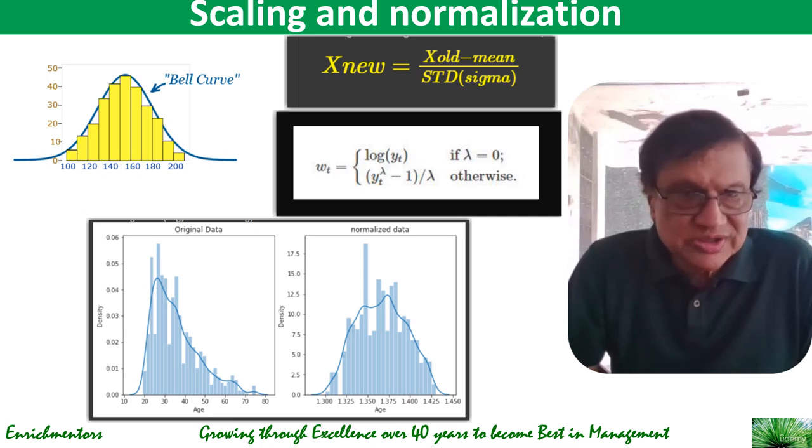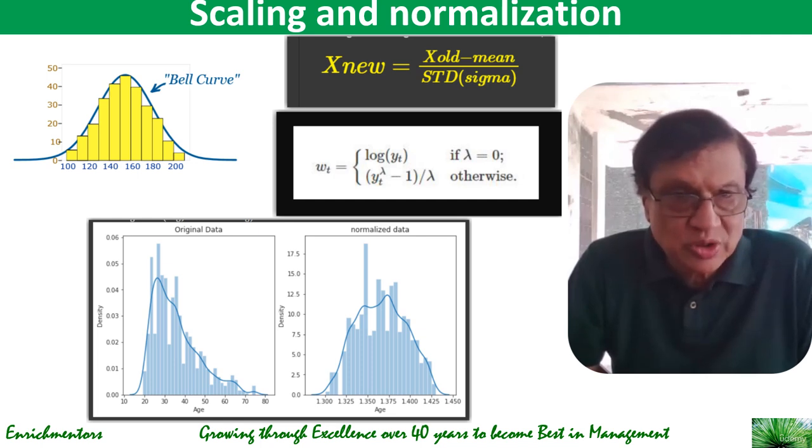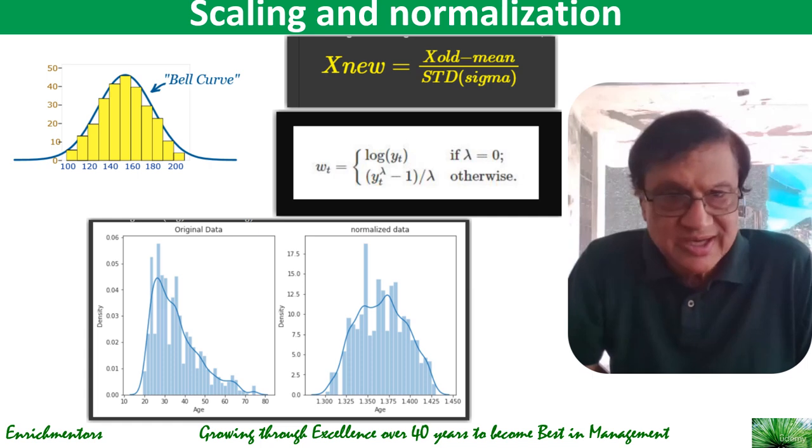So we use the SciPy stats boxcox function, which returns a tuple with the normalized series as the first element, and the original data is then converted into a normalized form, as you can see here.